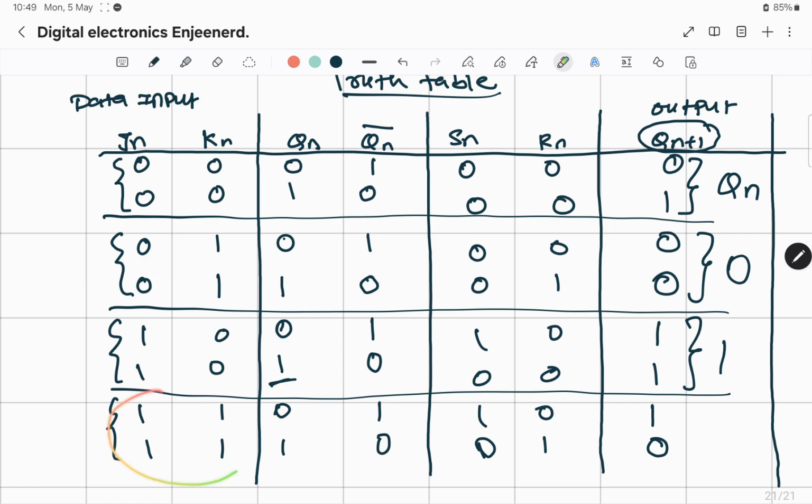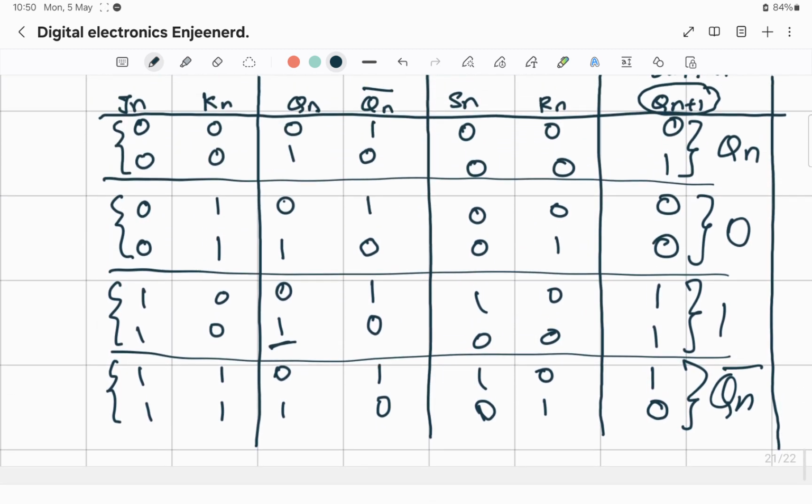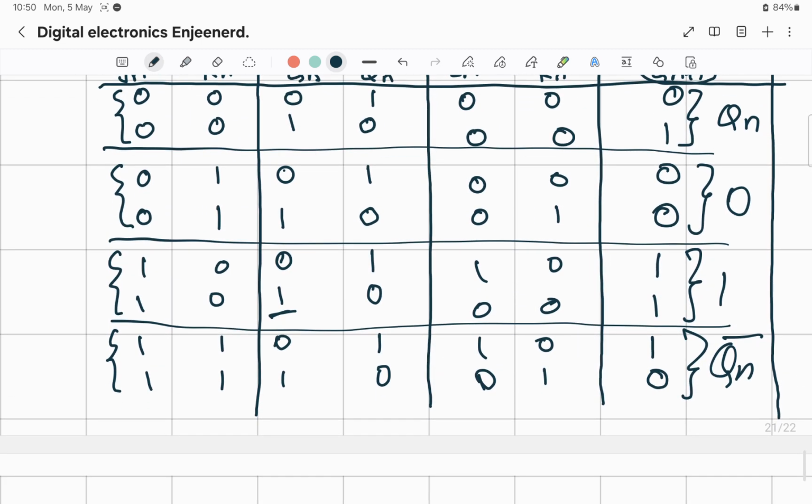And lastly for 1 1, whatever I have at the input, see my Qn plus 1, if I compare with Qn, my Qn is 0, I am getting output as 1. Here it is 1, I am getting as 0, which means it is complement of Qn, and hence I will write here Qn bar.